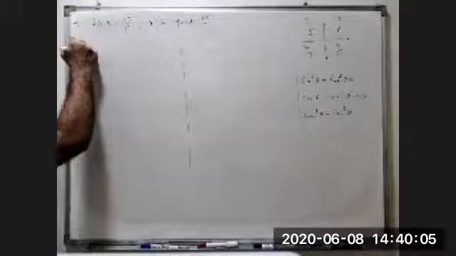Therefore, cos x is 5 by 13. Then find tan, like the previous question.